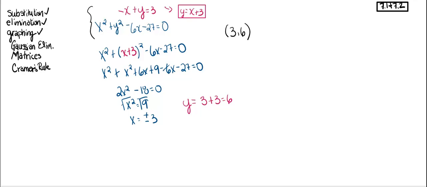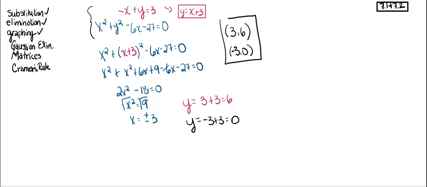And then if I do it again, y equals negative 3 plus 3, then I end up getting a 0. So my other ordered pair is the answer negative 3, 0. So these two ordered pairs both work in this system of equations. So my solution set has more than one answer. It's got two answers. What does that look like graphically?